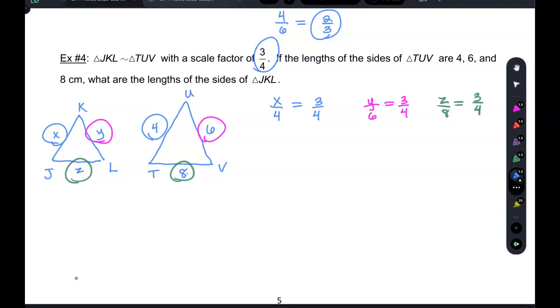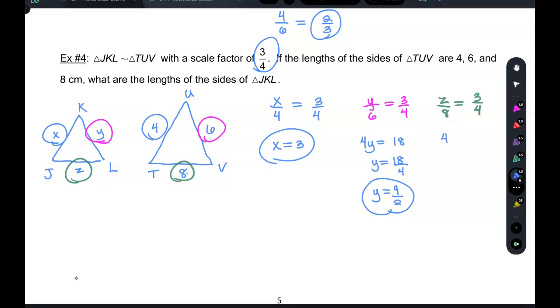So we can just cross multiply, or in this case, we can see X just has to be equal to 3. Actually, we'll just leave it like that. X equals 3. 4Y equals 18. So that's 9 over 2. And lastly, we have 4Z equals 24. So Z equals 6. So 3, 9 halves, and 6 are the 3 sides.